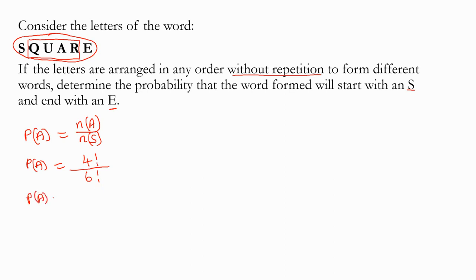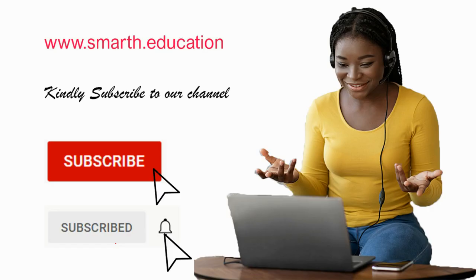But if you check, this is just the same as 4 factorial divided by 6 times 5 times 4 factorial. You see that? Because from 6 times 5, we're going to have 4 times 3 times 2 times 1, which is 4 factorial. And then 4 factorial divided by 4 factorial is 1. So probability of A here is going to be 1 over 30. Done. Okay. Right, we're going to meet when we do question 7.